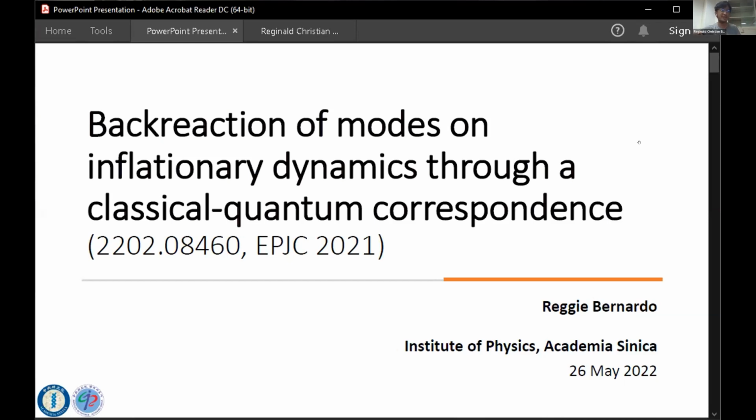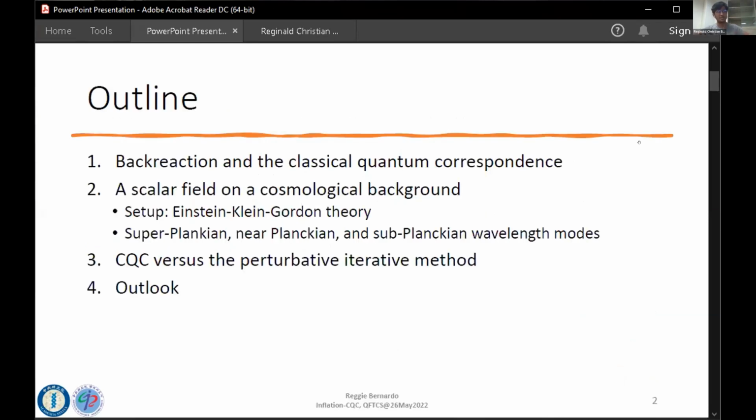Let's do this. So my outline is as follows. I would talk about one motivation for considering backreaction, and then give a brief review. What do I mean here by classical quantum correspondence? Then jump to the gist of this result. Considering a scalar field on a cosmological background, and basically tackling how the expanding background is going to respond to the presence of the scalar field particles that it creates itself.